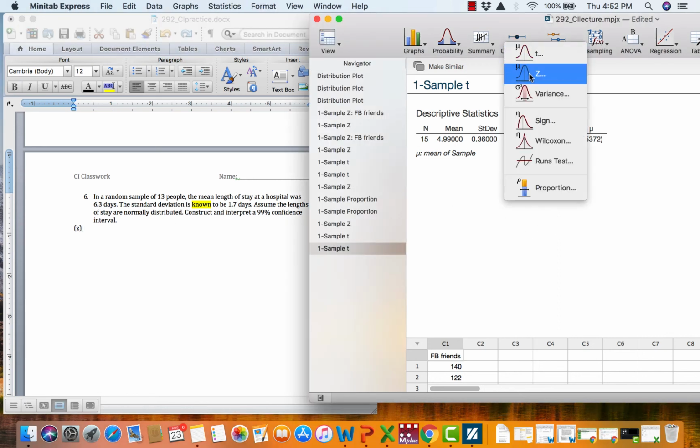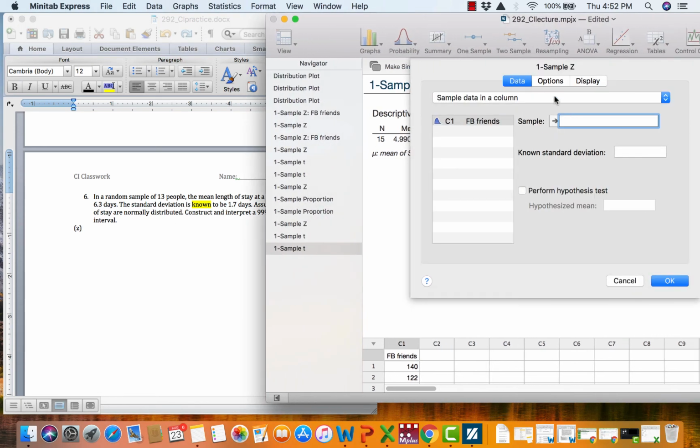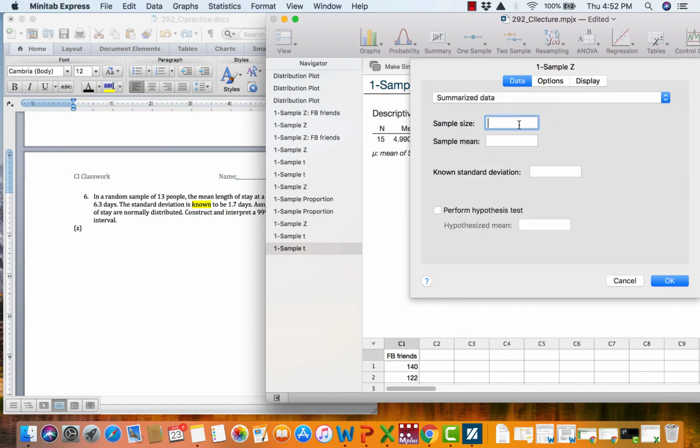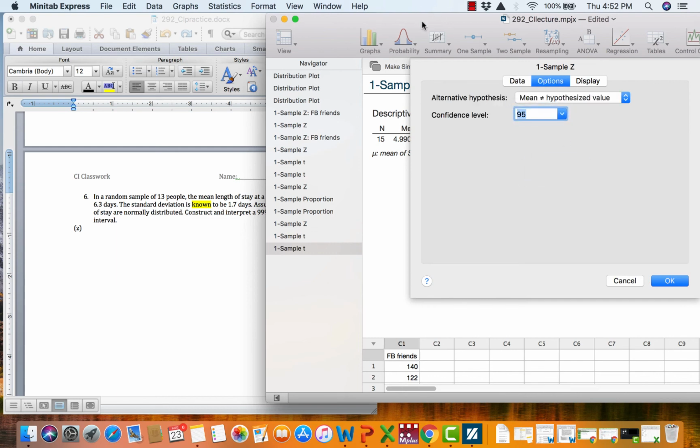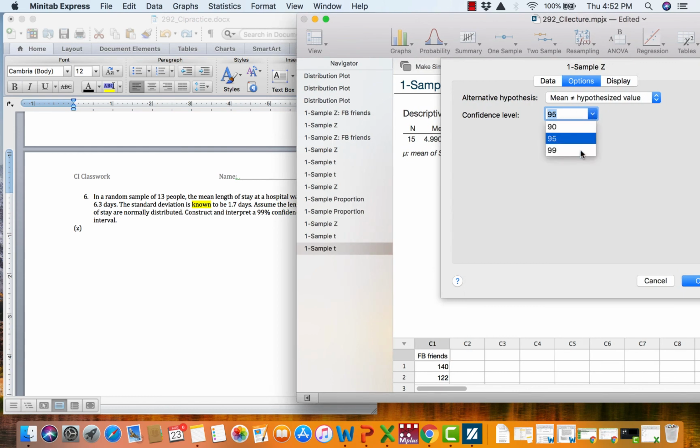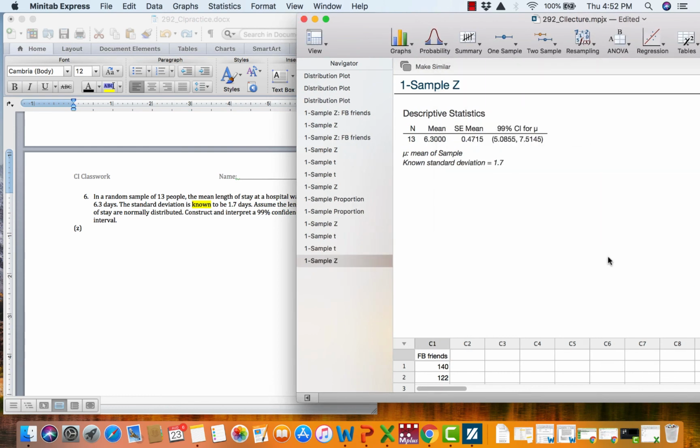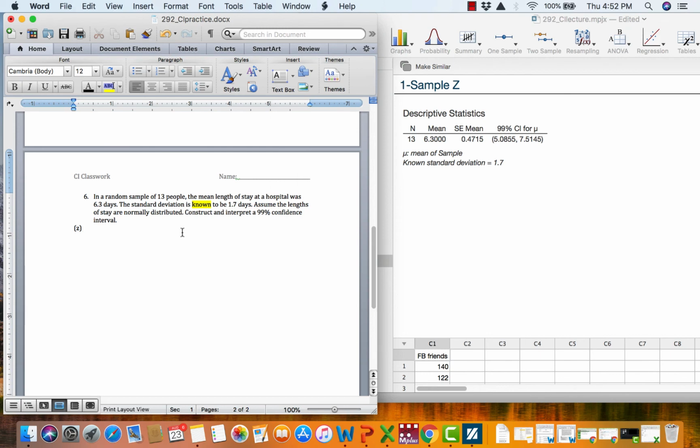So we go into one sample Z. We have summarized data. We have 13 people. The mean is 6.3. The known deviation is 1.7. And under confidence, we change our confidence to 99%. And there we have our confidence interval to interpret.